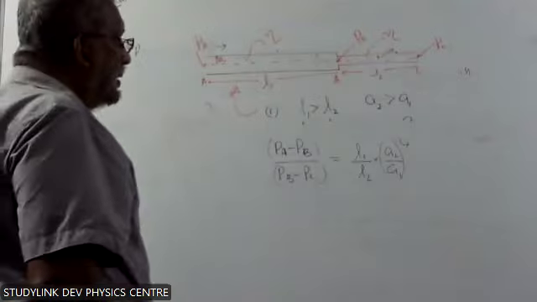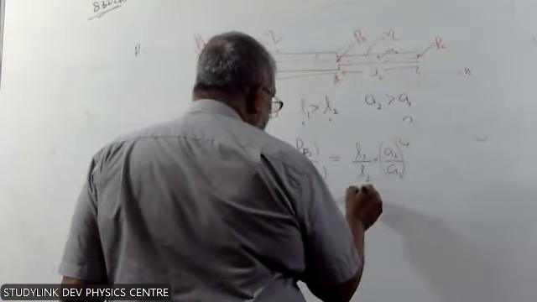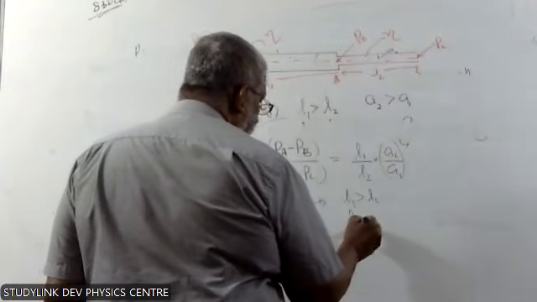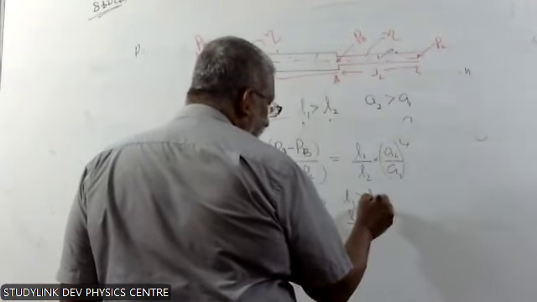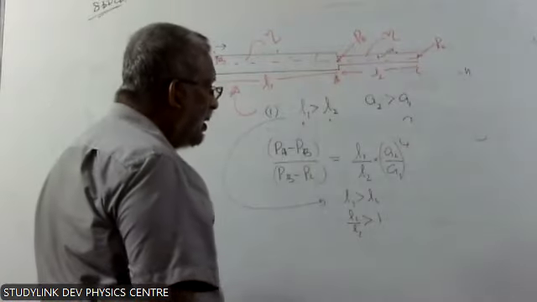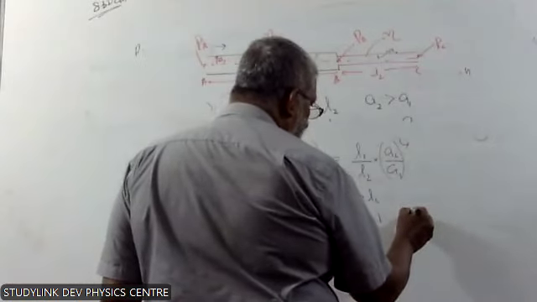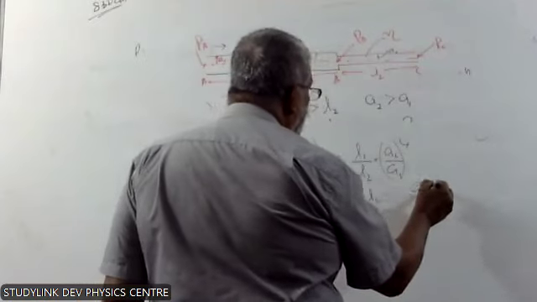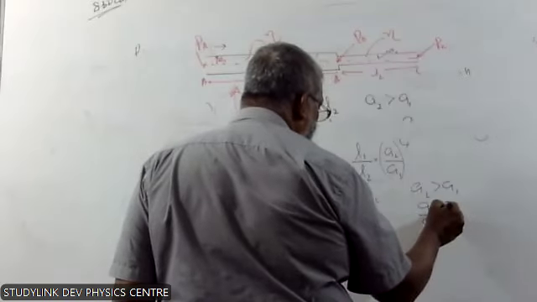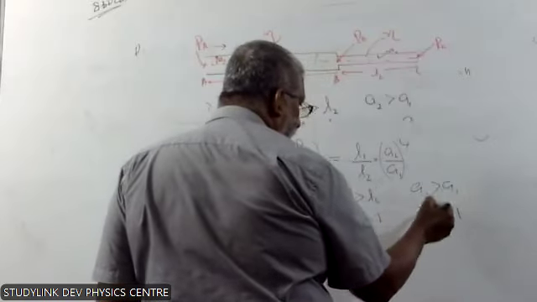Now conditions are considered. Now L1 is greater than L2. That means L1 over L2 is greater than 1. Now A2 is greater than A1. That means A2 over A1 is greater than 1, when you divide both sides by A1.